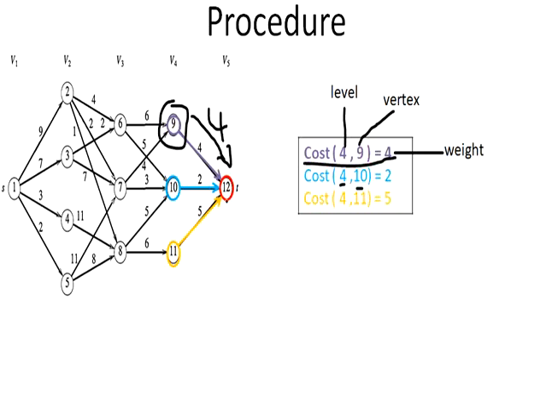From 10 I can reach the destination 12 with the cost 2. From vertex 11, at level 4, I can reach destination 12 at the weight 5. This is the representation for level 4.